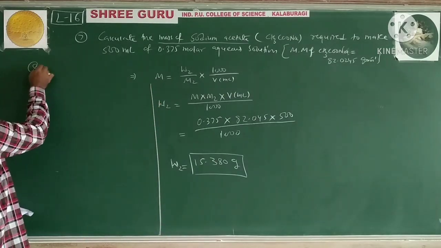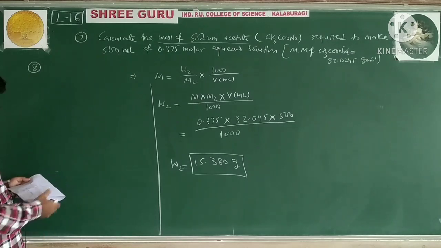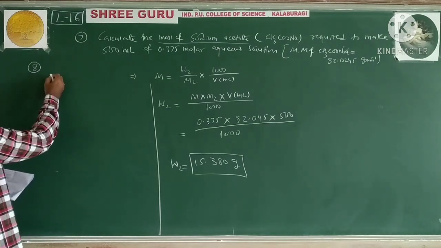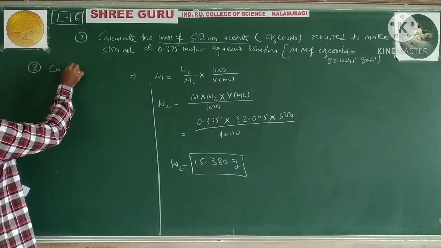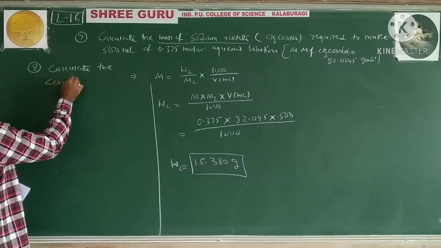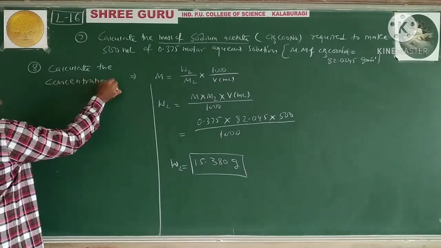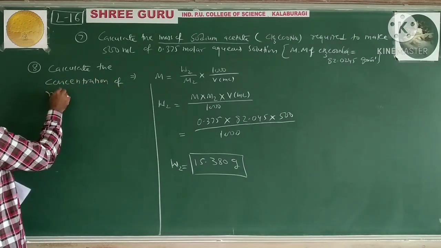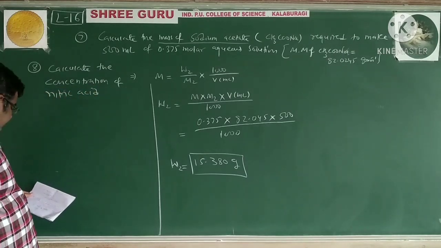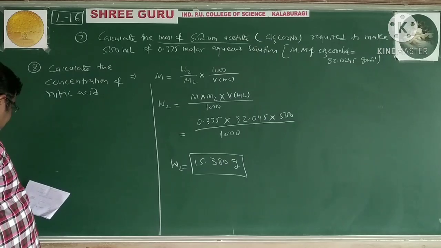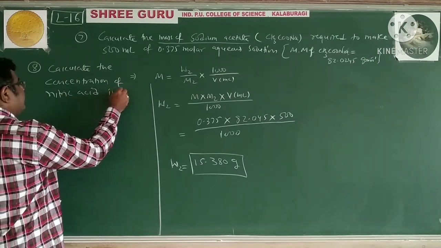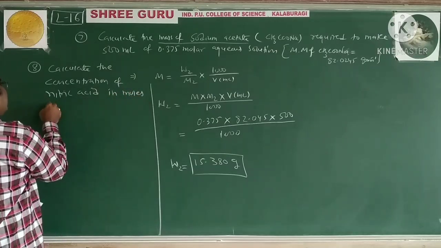Question number 8 will be: calculate the concentration of nitric acid in moles per liter. Moles per liter is nothing but molarity.